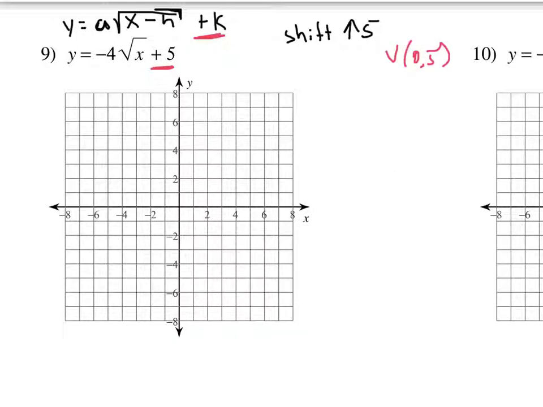Well, we don't really have a vertex for square root functions, but we do have a starting point. The parent function starts at 0, 0, just like the vertex for an absolute value starts at 0, 0. But ours is supposed to be at 0, 5, up here. So how did we shift from the red dot to the black dot? Up 5. That's all we're doing. Just find your vertex, and that tells you where you're shifting. Questions on that part?